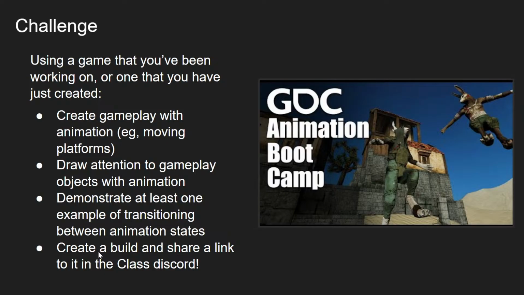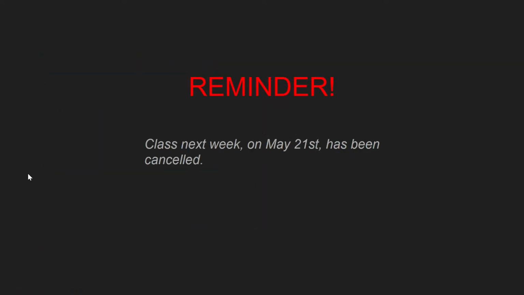You can do that with either just an animation clip, like we did with the coin, or you could have things switch animations using animation states. And if you create a build and share a link in the class Discord, it's a way of sharing it with other people and getting feedback.